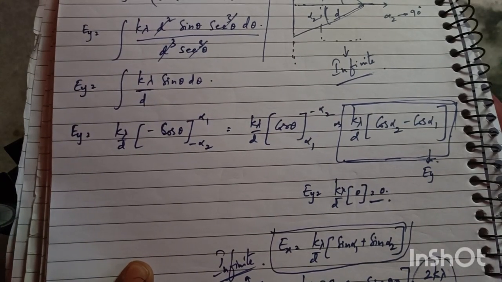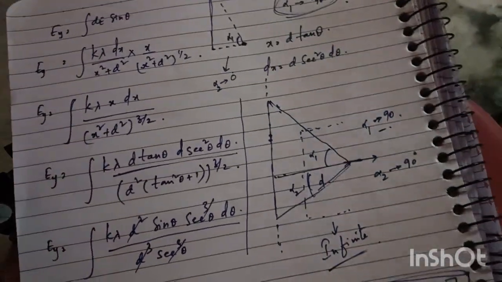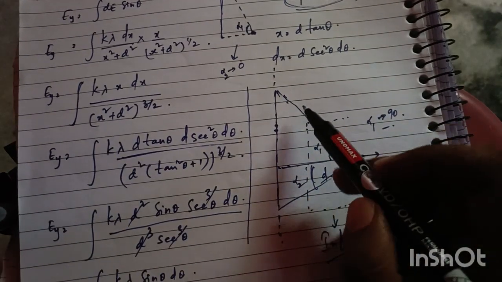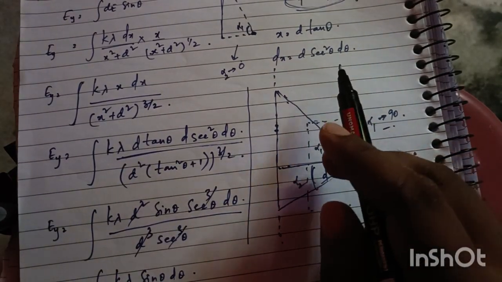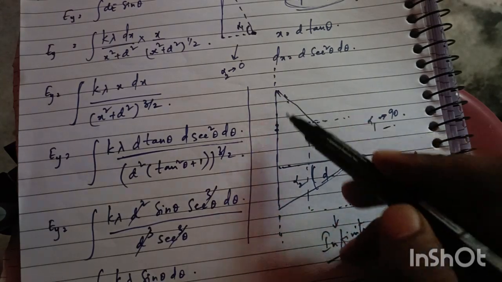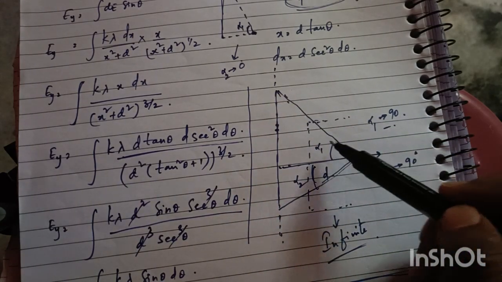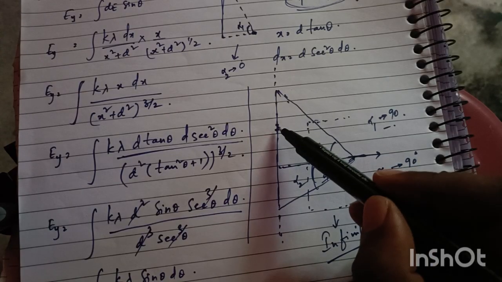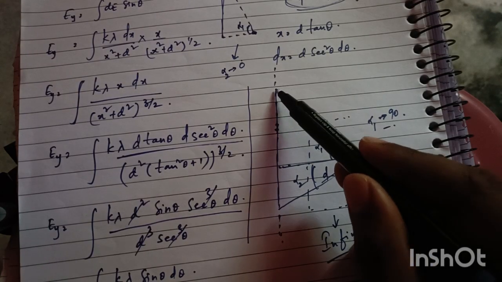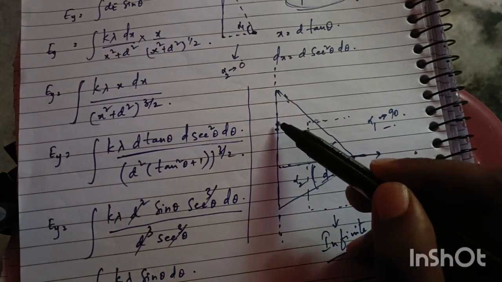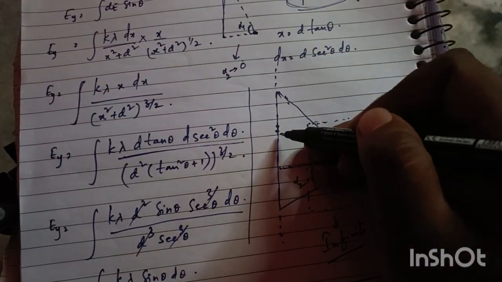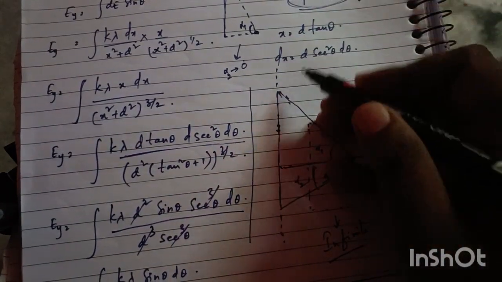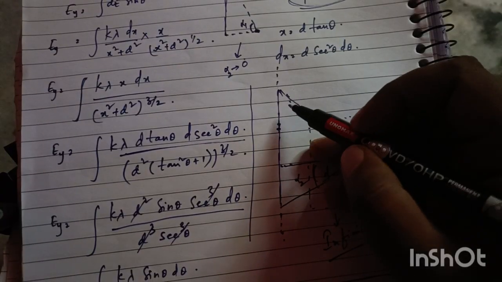If this wire goes to infinite length, on one side, or semi-infinite, it could be anything. Let's just say it goes to infinite length on both sides. While deriving that, if I make this element go up and down, it should cover the total length of the wire, but here the length is infinite.